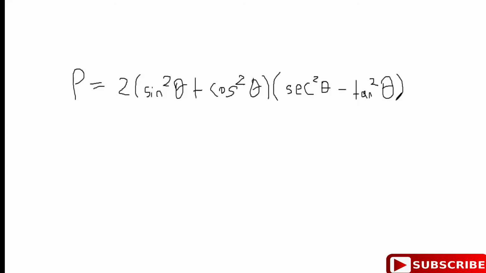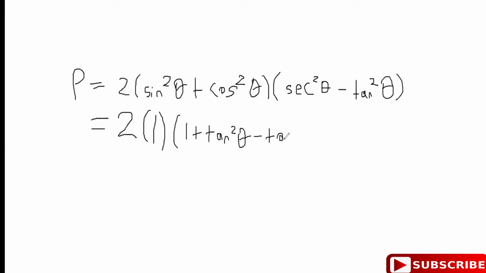First and foremost now, we have to recall the identity that sec square is equal to 1 plus tan square. So this works out to be 2 times 1 times sec square is 1 plus tan square. And so we get 1 plus tan square minus tan square. And that's how we get 2. Easy, easy, easy question.